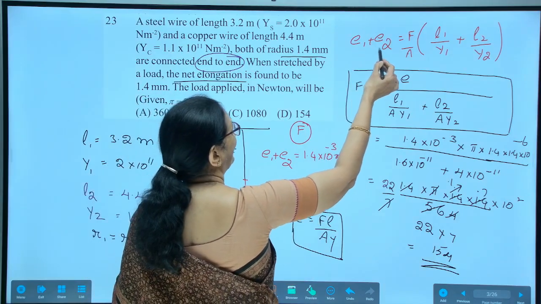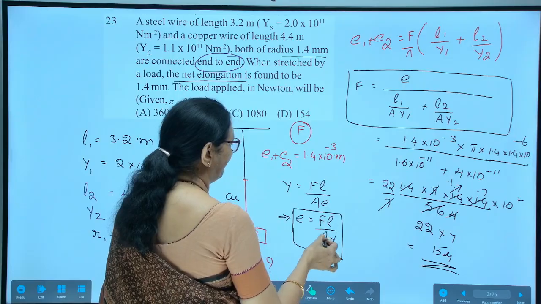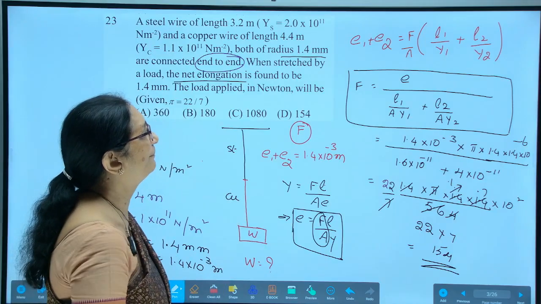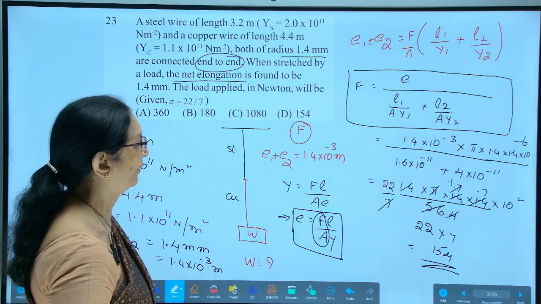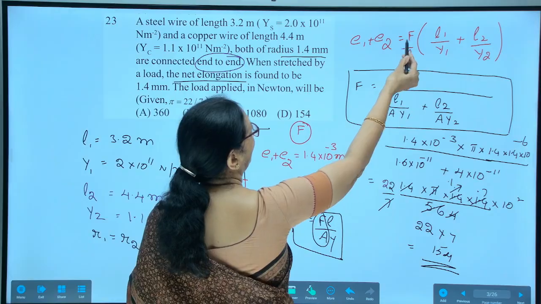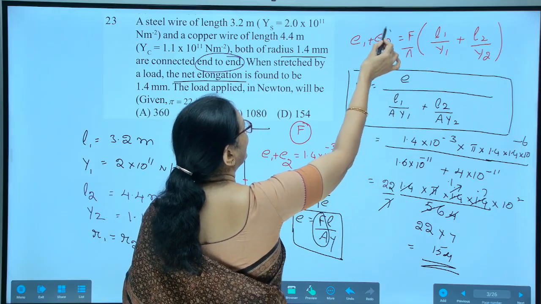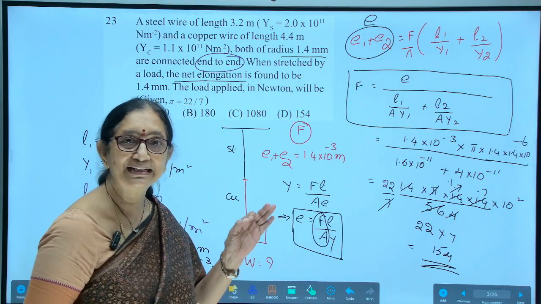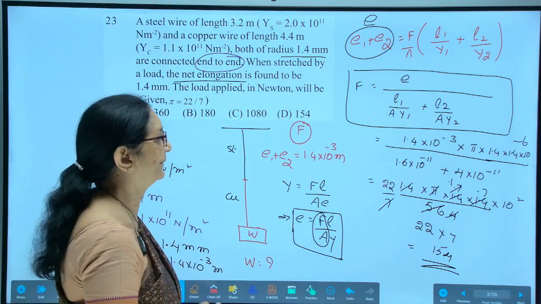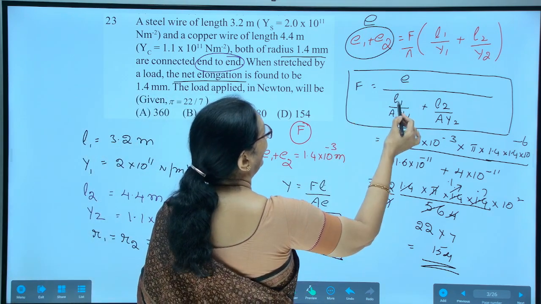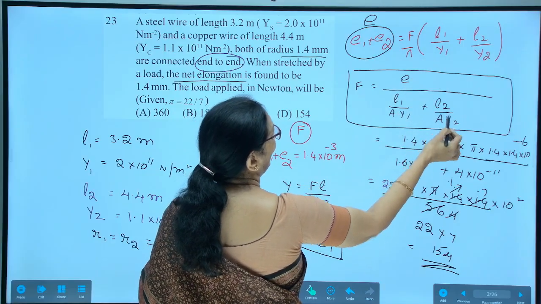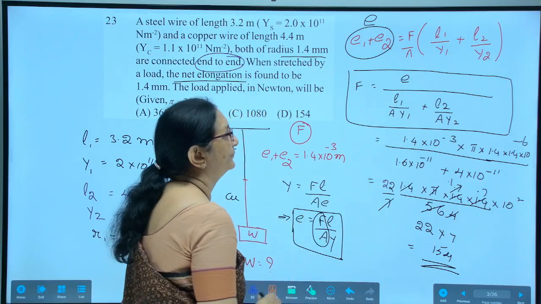So E1 plus E2 is equal to F by A times L1 by Y1 plus L2 by Y2, from which F is equal to the total elongation. Let us take it as E, because net extension produced is given. So F equals E divided by L1 by A1Y1 plus L2 by A2Y2.